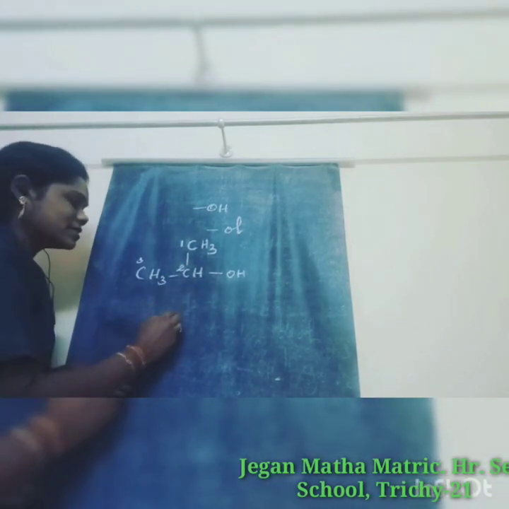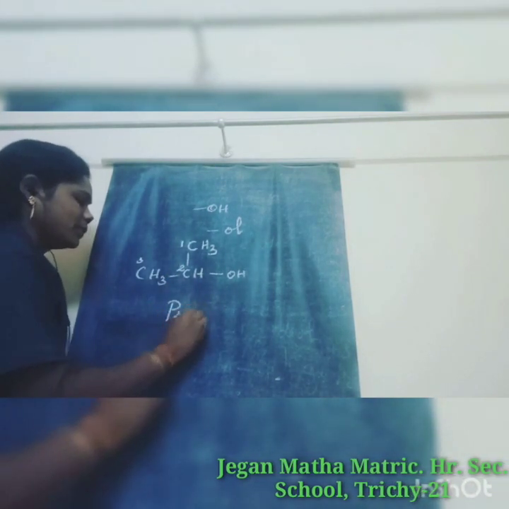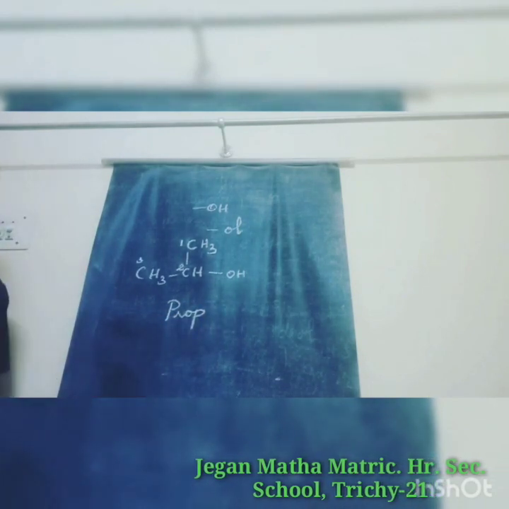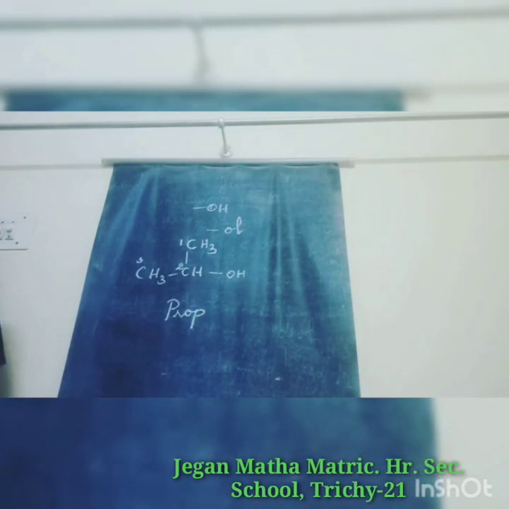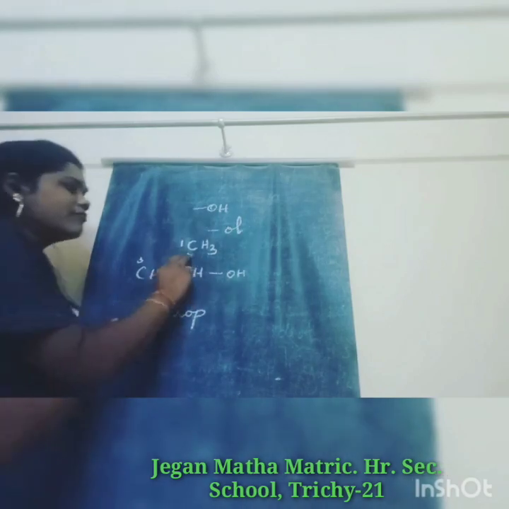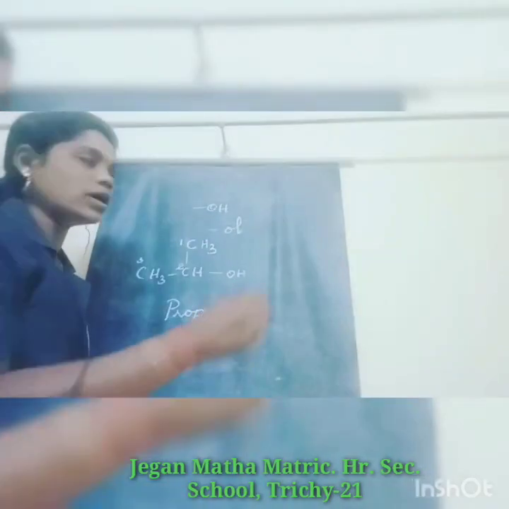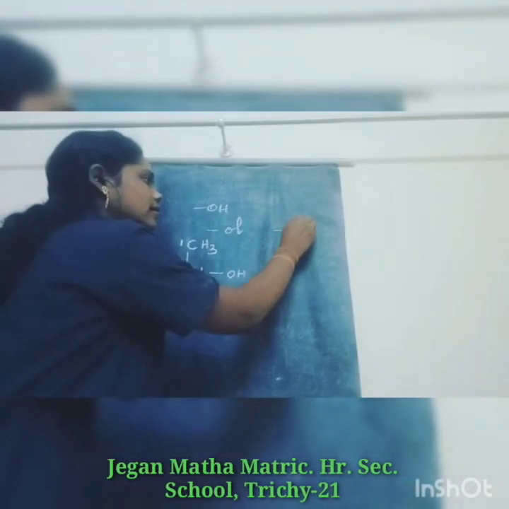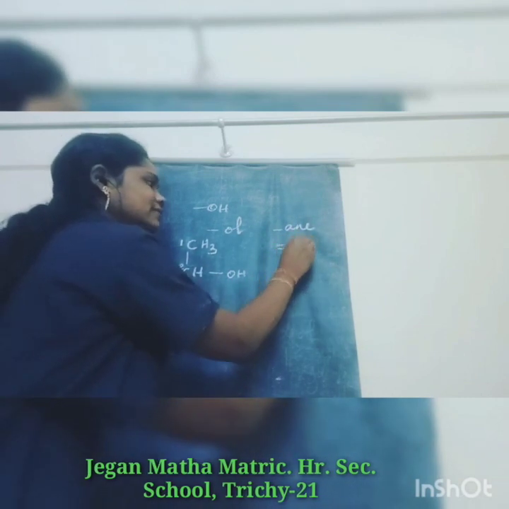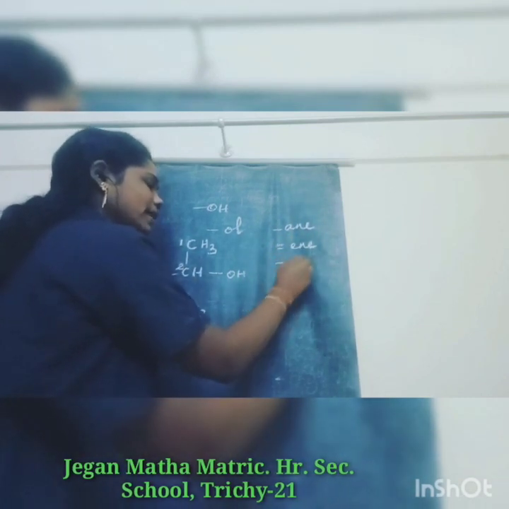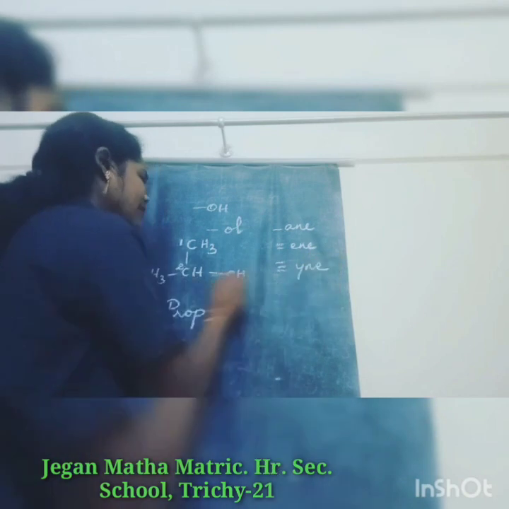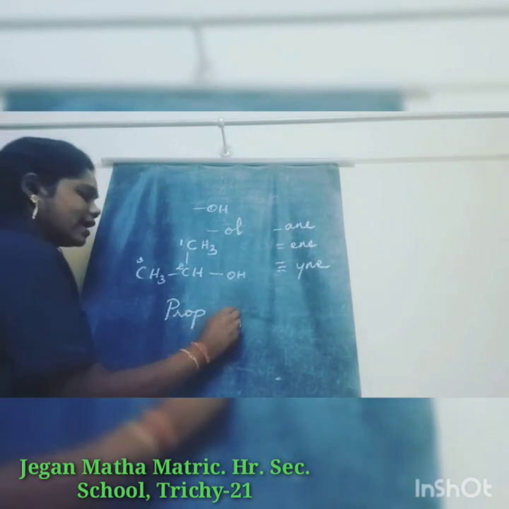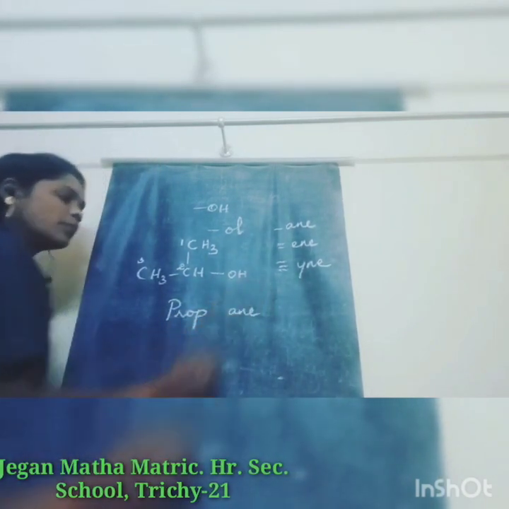The next one is primary suffix. Single bond represents ane, double bond means ene, triple bond means yne. Here everything is a single bond, so I take ane. So propane.